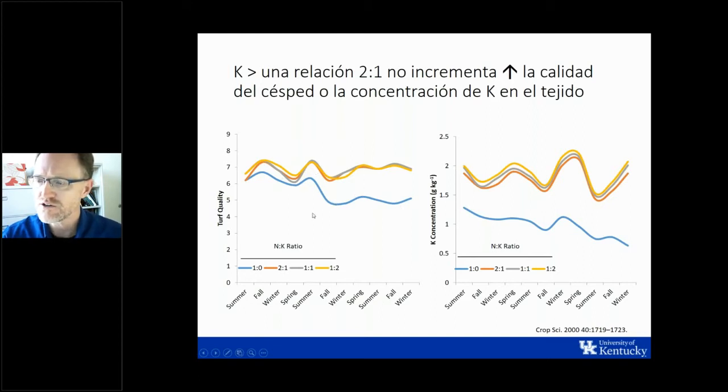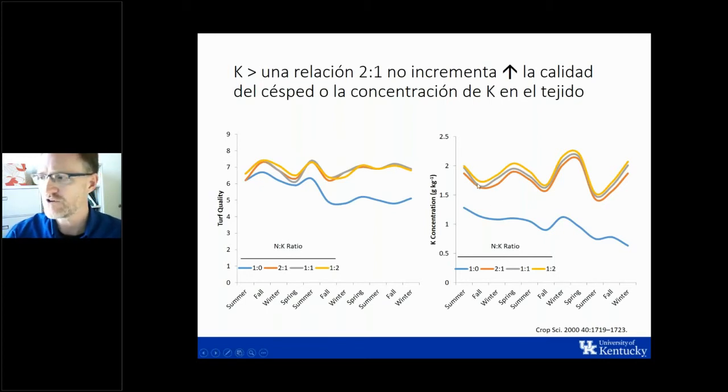And the other lines are either 2 parts nitrogen to 1 part potassium, 1 to 1 nitrogen to potassium, or 1 nitrogen to 2 potassium. So in other words, we're increasing the amount of potassium relative to nitrogen with each change in this legend. And we don't see any appreciable increase in quality after we have applied simply a 2-to-1 N to K.